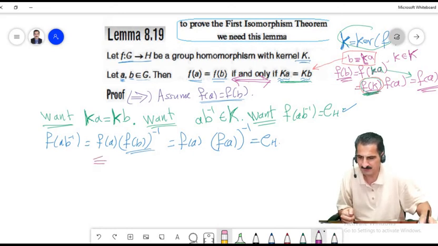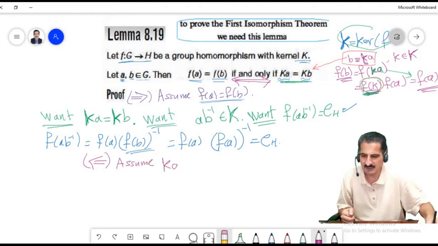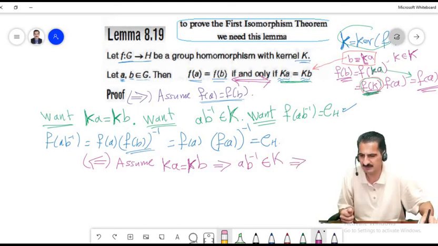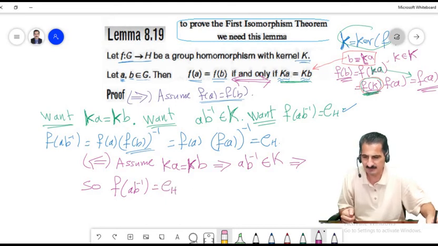Let's prove this part now. Assume we have Ka equals Kb. What does that mean? a and b are congruent modulo K, right? K is the kernel. So the image of a b inverse is the identity, because a b inverse is in the kernel.